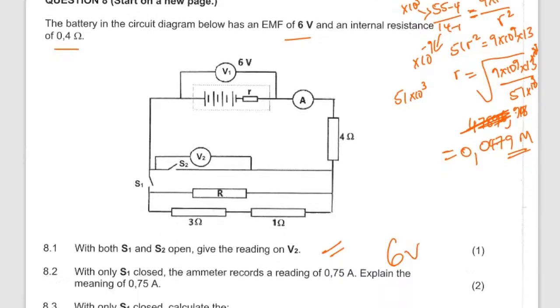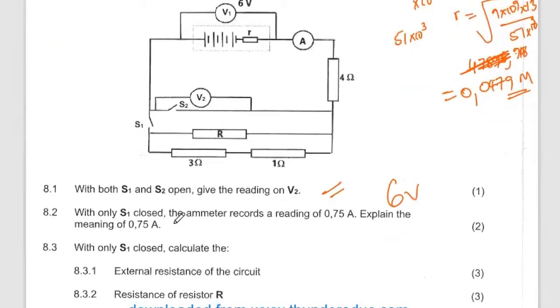Okay, it's connecting to the battery. Then with S1 closed, it means the current is now taking this route, passing through R and then this. Okay, telling us that the reading that was recorded is 0.75 for the ammeter.